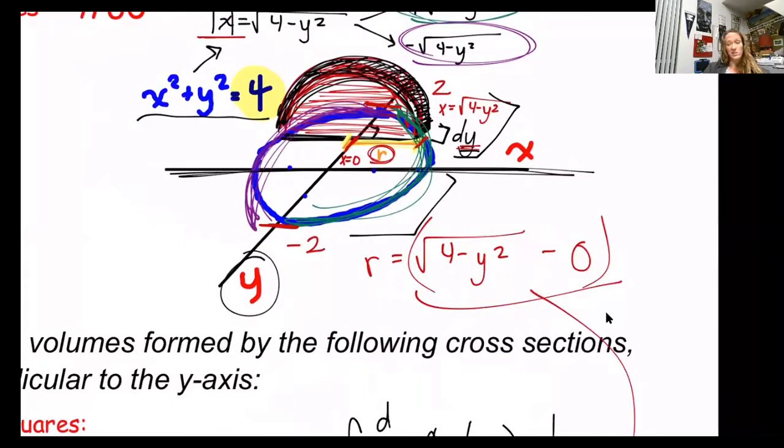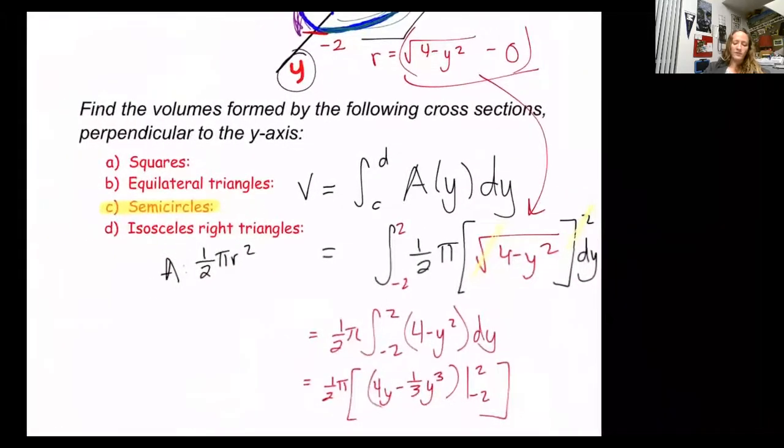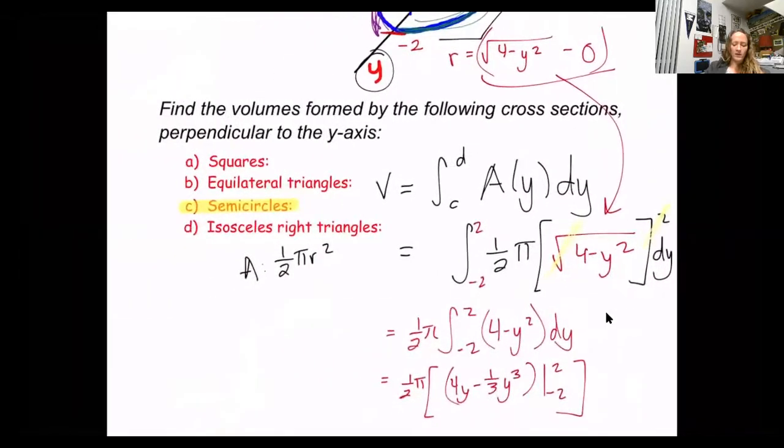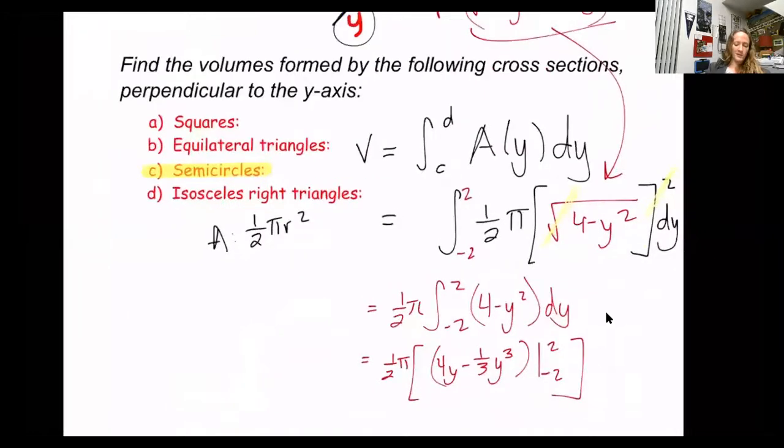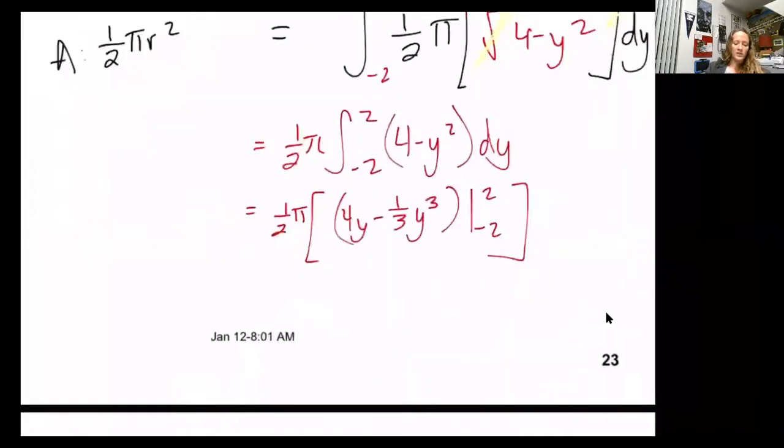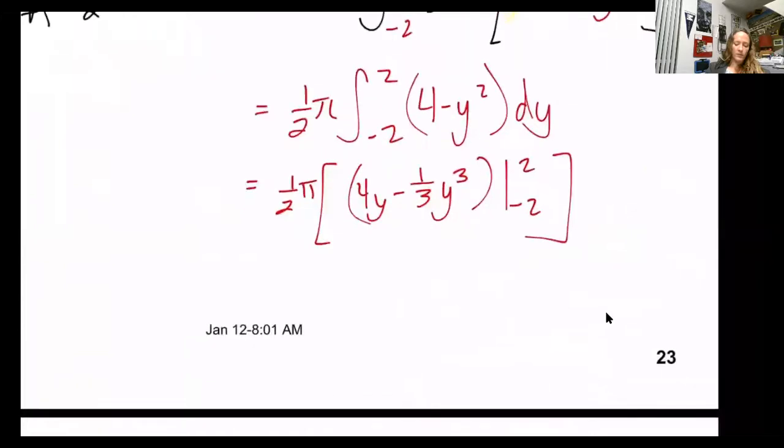I could cheat the system a little bit because of that even symmetry that it exudes. And if I wanted to be super snazzy, and the AP does sometimes do this, I could say, you know what, I want double of just going from 0 to 2, because I don't like plugging in a -2. That works too, little sneakers.